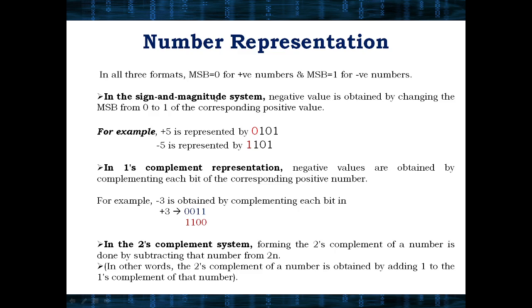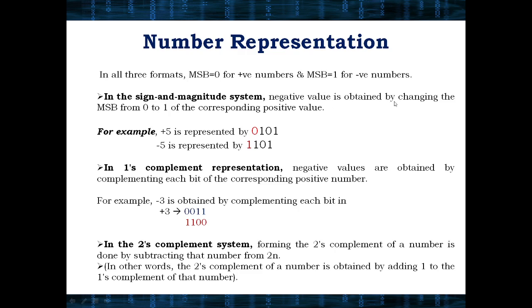Sign and magnitude is a very simple representation of negative numbers. In sign magnitude, the first bit is dedicated to represent the sign, and hence it is called the sign bit. The remaining bits represent the magnitude of the number. That's why it is called the sign and magnitude system. So how do we obtain a negative value?